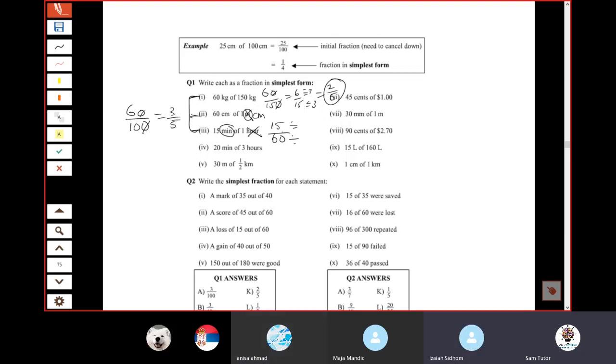What's a number that goes into both 15 and 60? Well, the best number to try would be 5. So that would be 3 over 12. And then divided by 3 again, 1 over 4. That's fine.